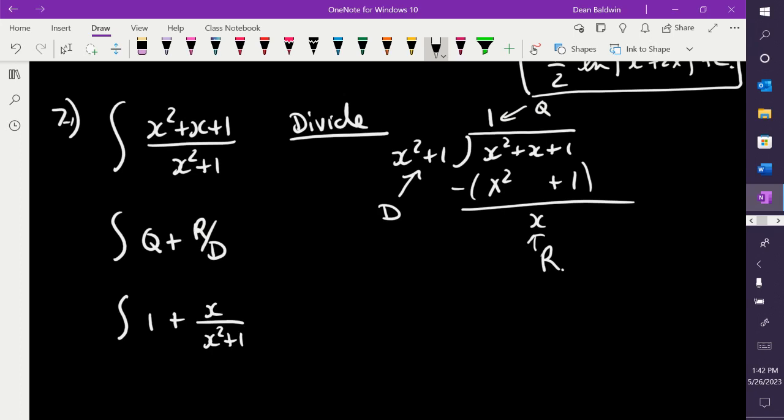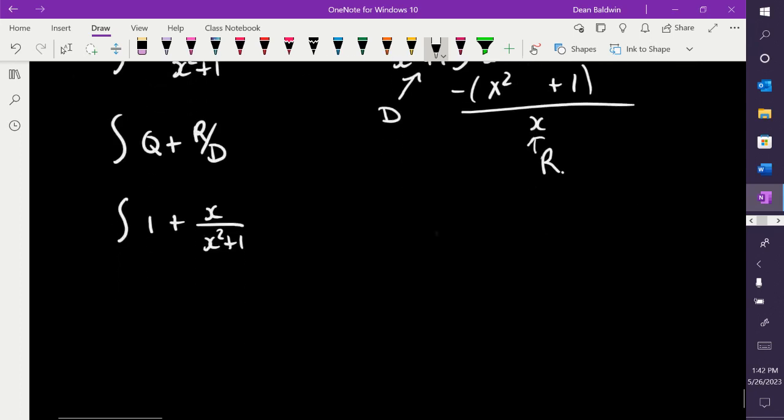Why is this a good thing? So you can break up the integrals, right? What's the integral of 1? Just x. What about this one? We can use pattern recognition. What's the derivative of the bottom? 2x.